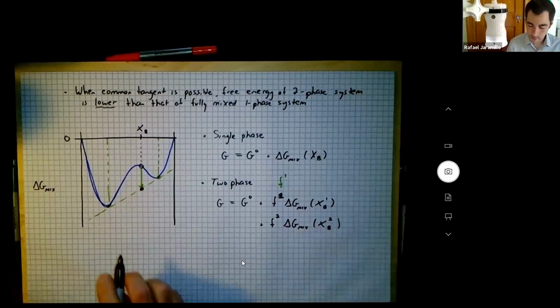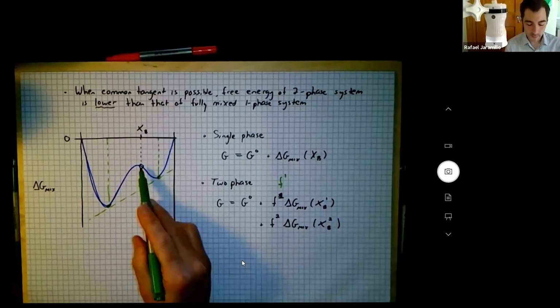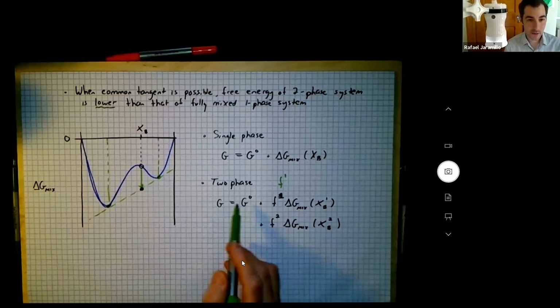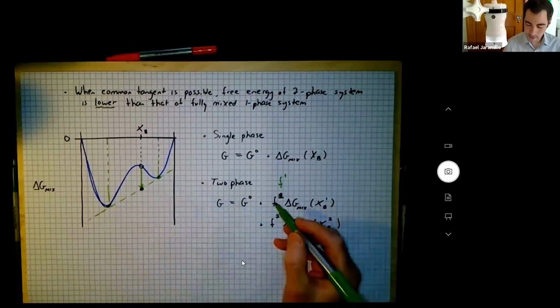Right. Okay. So single phase, it's just the reference state plus the evaluation of this solution model at that composition. Two phases, it's the reference state plus the evaluation of this solution model at these two compositions weighted by the phase fractions.